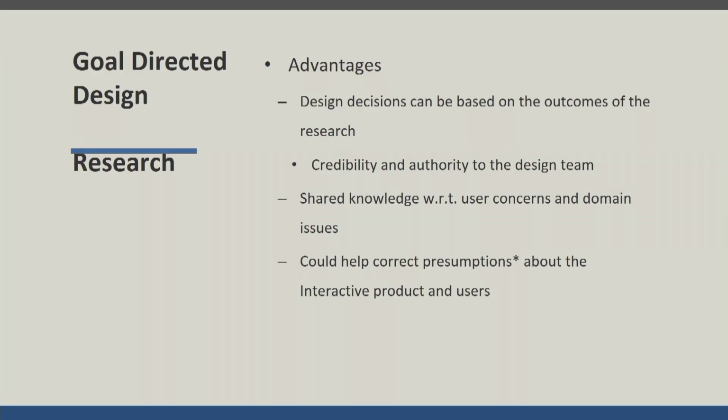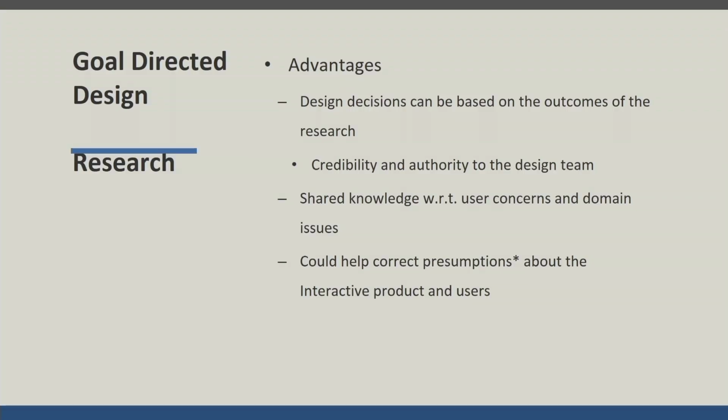So wouldn't it be better if those decisions are based on real grounded data, firmly rooted in the user research, firmly rooted in the qualitative data? If the design decisions are based on the outcomes of the research, the team has the opportunity to win credibility and authority in the process.